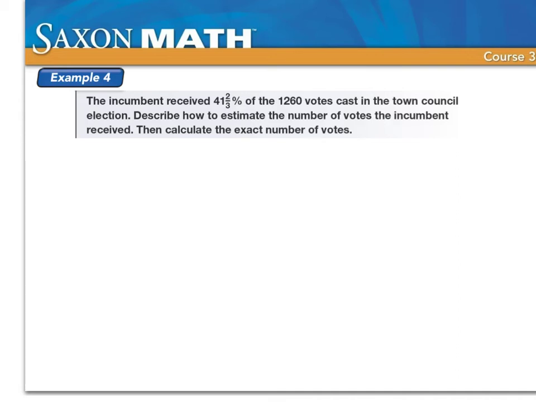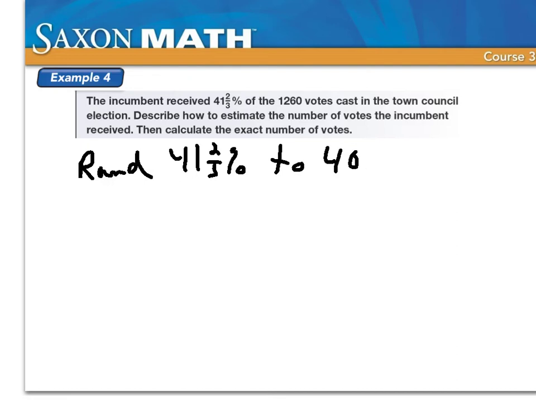Well, if we wanted to estimate, the best way would be to round this percent off. So we could round 41 2/3% to something close, like 40%, and then find 40% of, and we could round the 1260 to 1200.